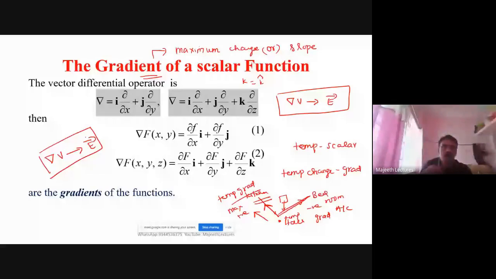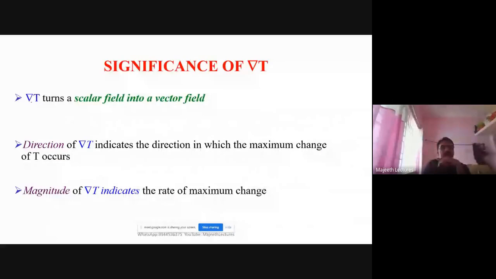So what are the things? Del T means gradient of T. T is a temperature, so it is a temperature gradient. So temperature gradient converts a scalar field into a vector field. So we know del T is a vector, please understand. T is a scalar, del T is a vector.